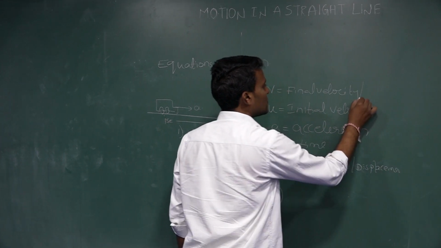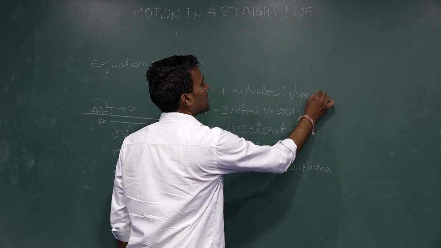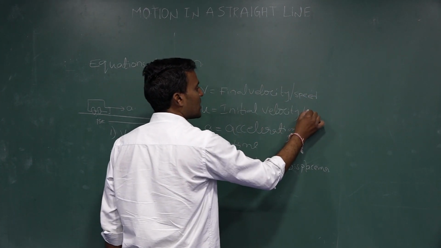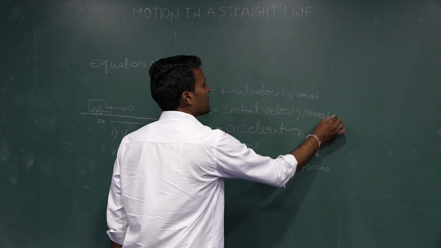You can also write velocity as mean velocity or speed: final velocity or final speed, initial velocity or initial speed, isn't it?